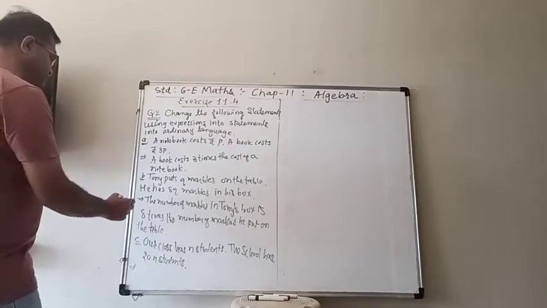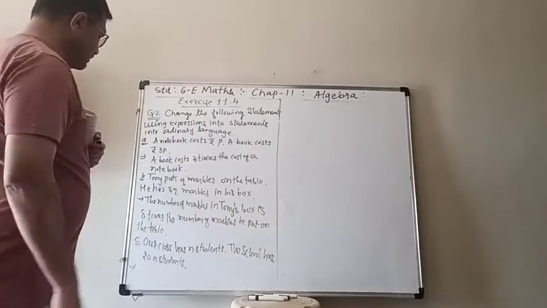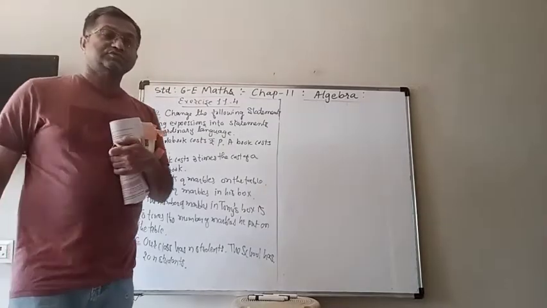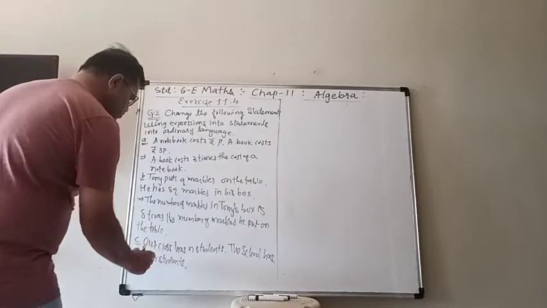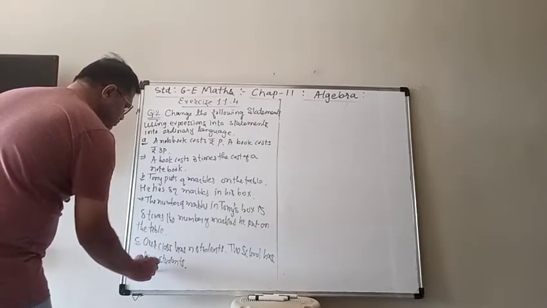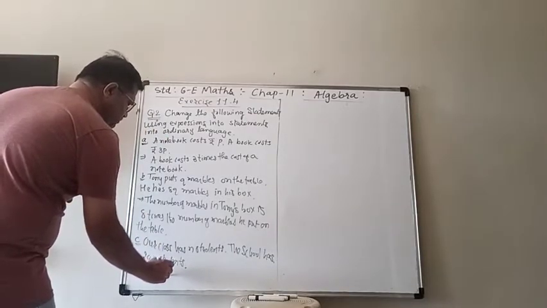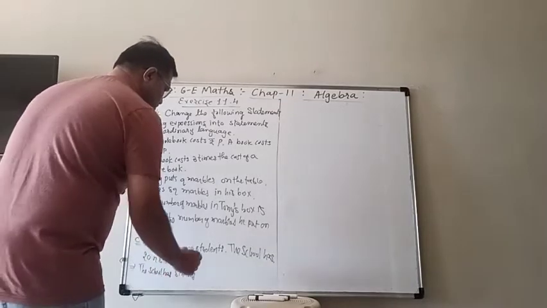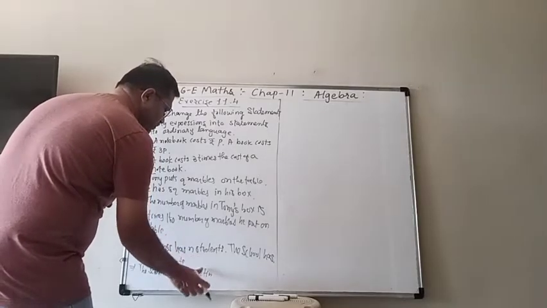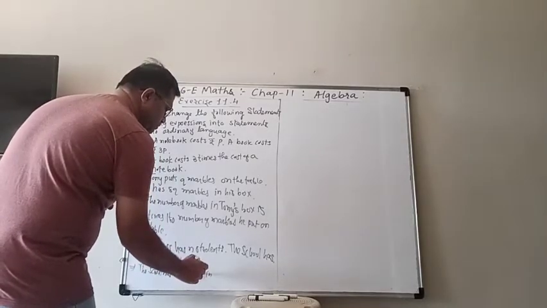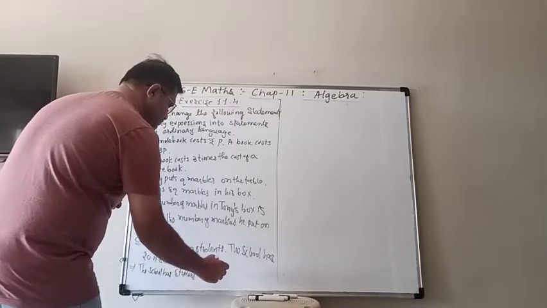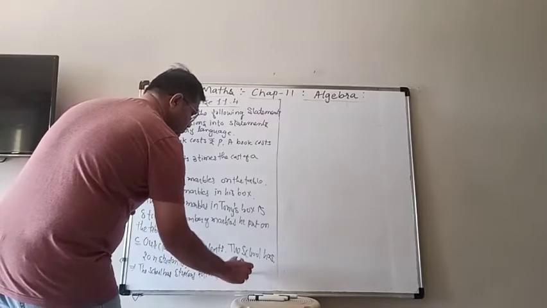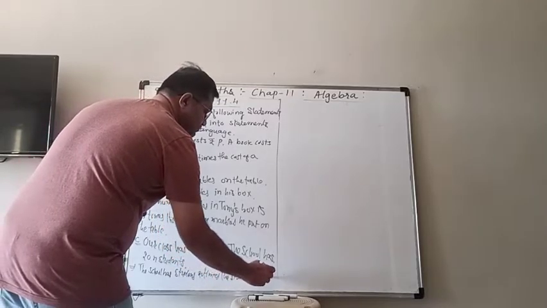So it says that whatever the number of students in the class, the school has 20 times that. So we can write: the school has 20 times the students in our class.